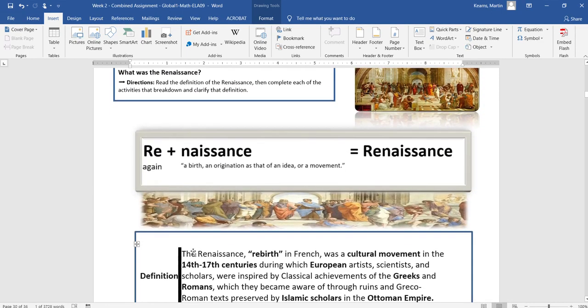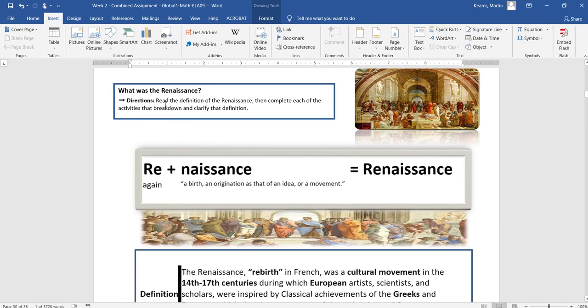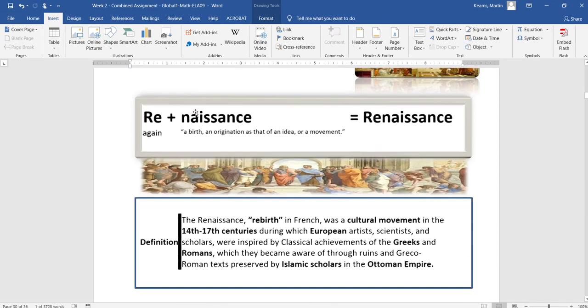Down here, Mr. I gives you a definition of what the Renaissance is and how the breakdown of the word builds up to Renaissance. So re means again, and naissance is a birth, an origination as that of an idea or a movement, all right? And the directions here are to read the definition and then complete each of the activities that break down and clarify the definition.